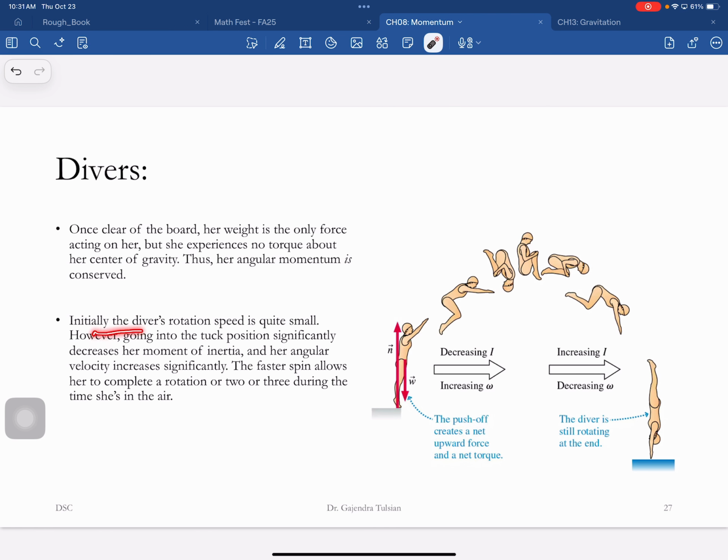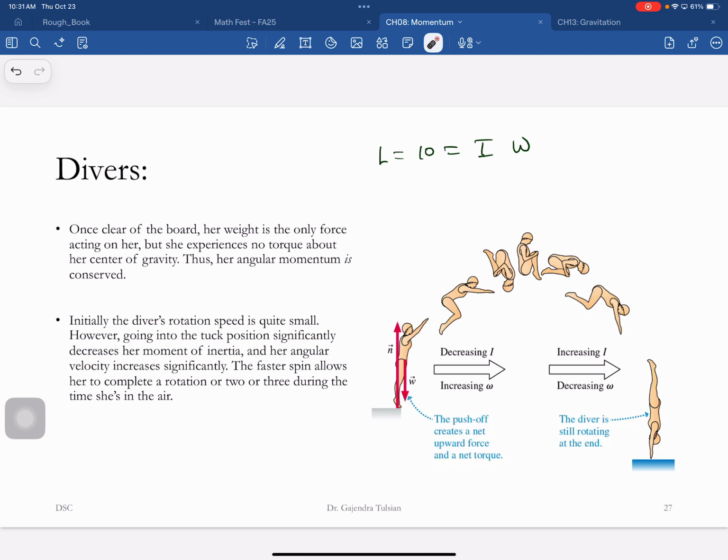Initially, the diver's rotation speed is quite small. However, going into a tuck position significantly decreases the moment of inertia, and her angular velocity increases.